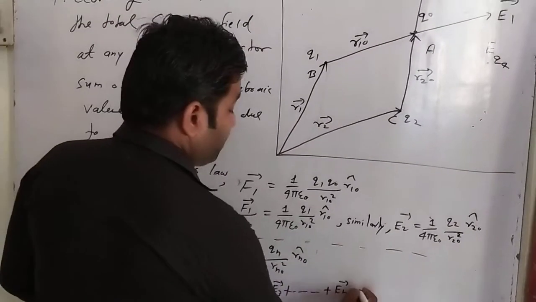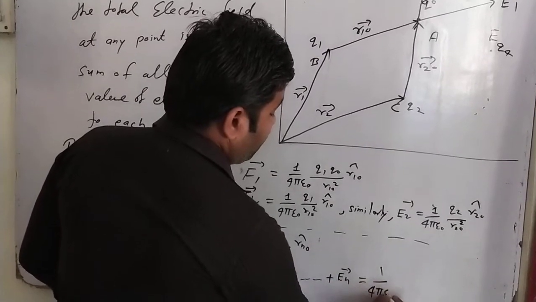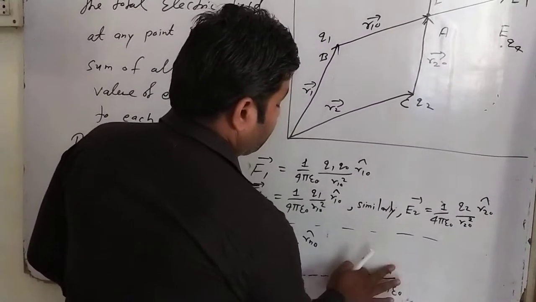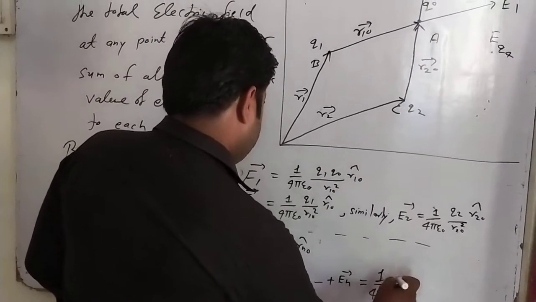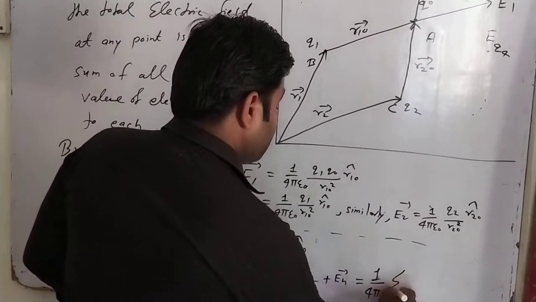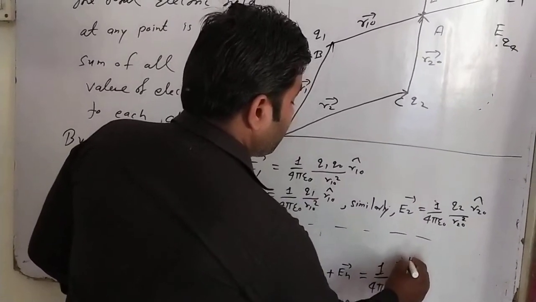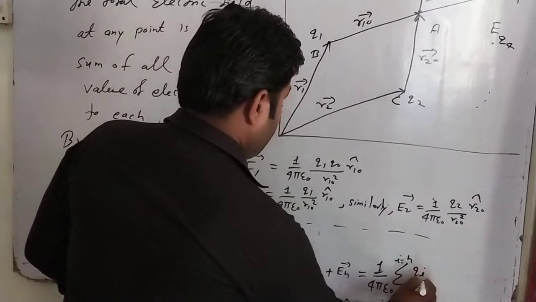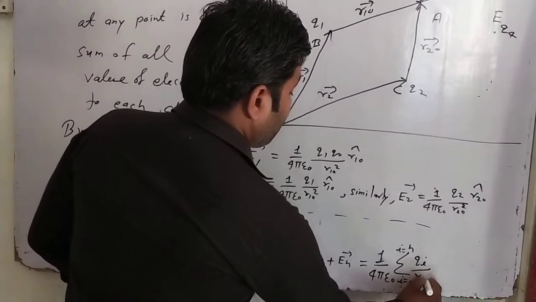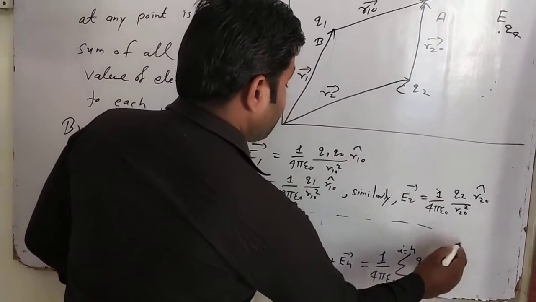All values can be written in the shortest way: 1 upon 4 pi epsilon naught, summation over i equal to 1 to i equal to n, Qi upon Ri naught square, Ri naught unit cap.